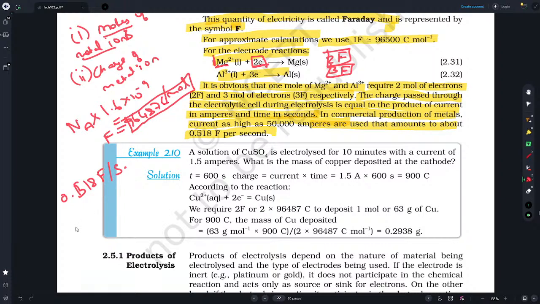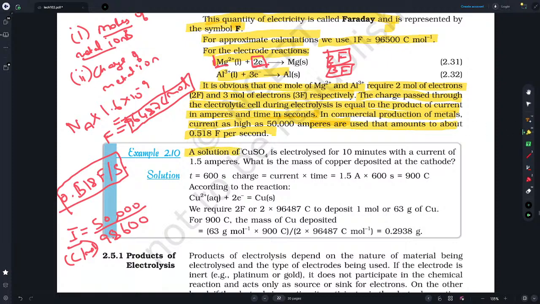They calculated this value by dividing I equals 50,000 by the Faraday's constant, approximately 96,500, which gives approximately 0.5 Faraday per second. This is the commercial unit.